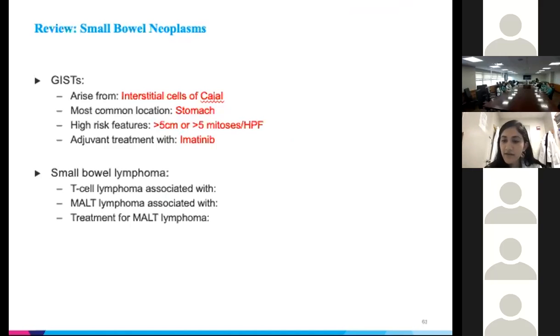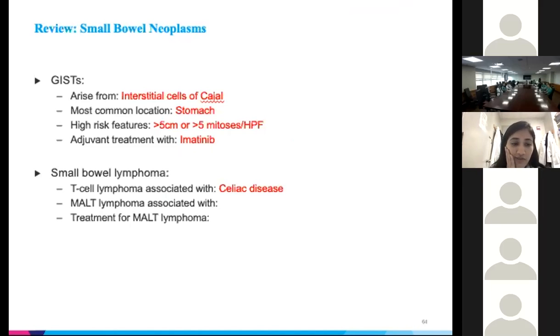And then for small bowel lymphoma, B-cell lymphomas are associated with H. pylori. And T-cell lymphoma, I believe, is associated with Crohn's, autoimmune disease. Yeah, exactly. So T-cell lymphoma is not associated with H. pylori.